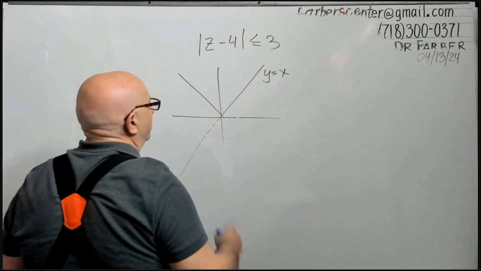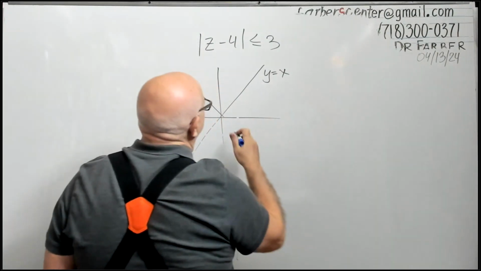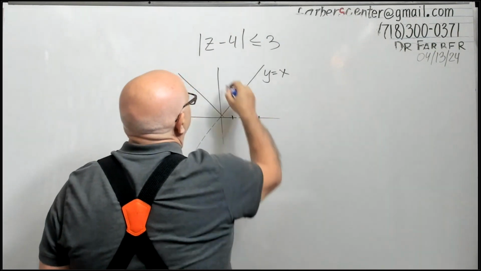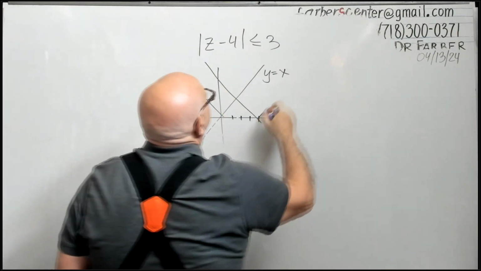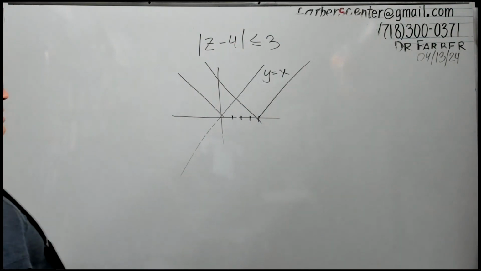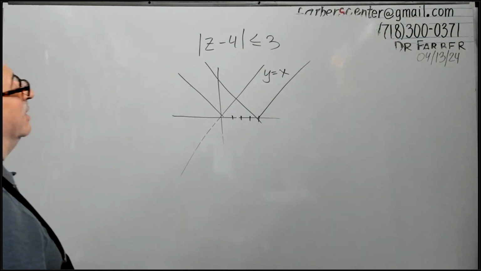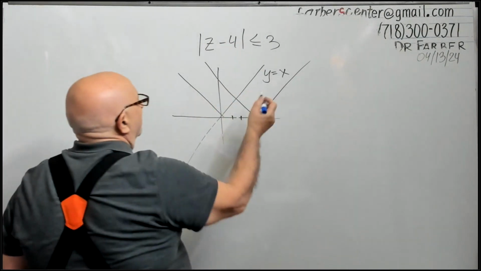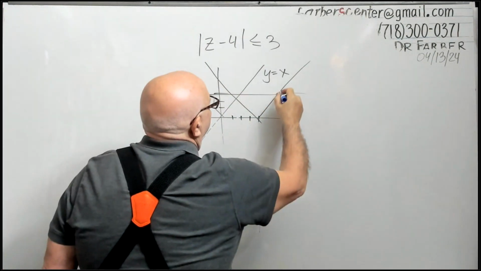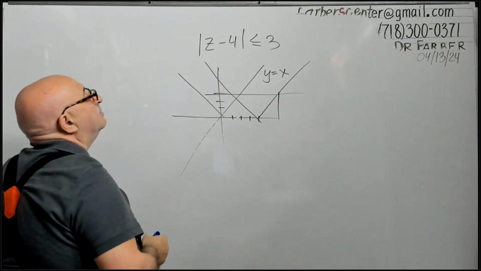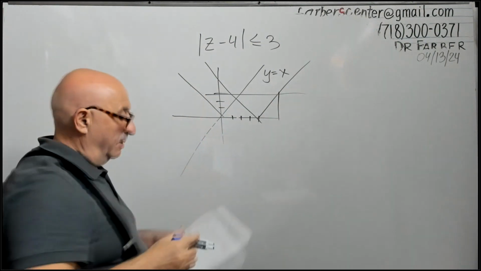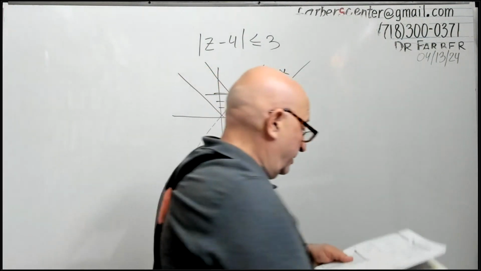Minus 4 means to the right 4 units: 1, 2, 3, 4. And this is the new graph. And this is y less or equal to 3. Find this value 3, the points of intersection, and these values. Or use Desmos. From Desmos, you can easily find which one fits. Number 6.